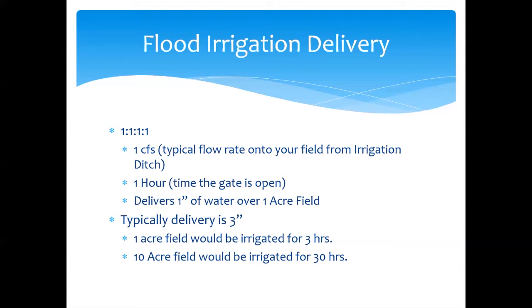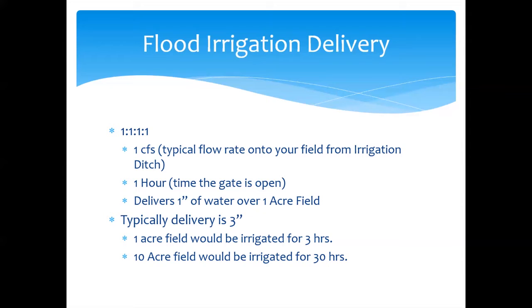So much of this depends on scale, and what you're actually doing on the surface. Irrigating for hay is totally different than row crops, and it's going to be different than an orchard. I put this up here to demonstrate how the flood irrigation is delivered to the property. That's what you look at when you're doing the rotation, or if you're wondering, why am I turning on for 10 hours?